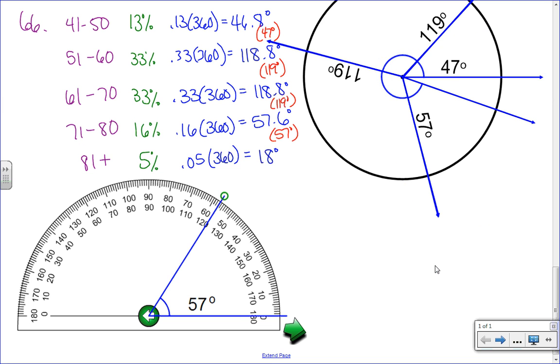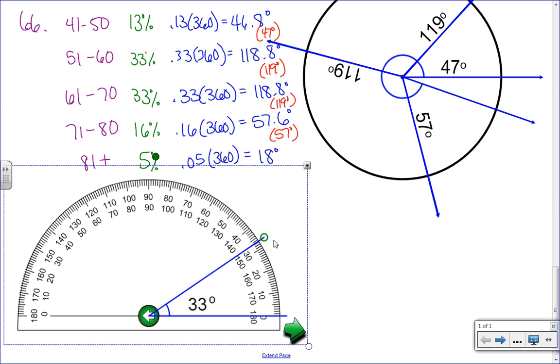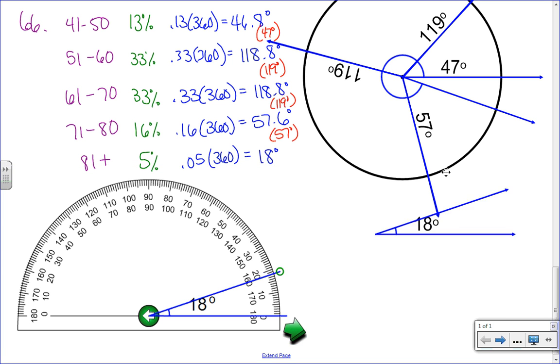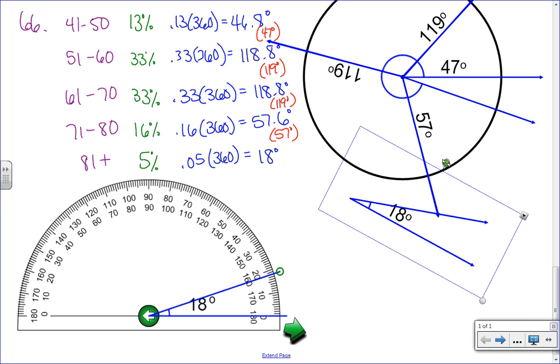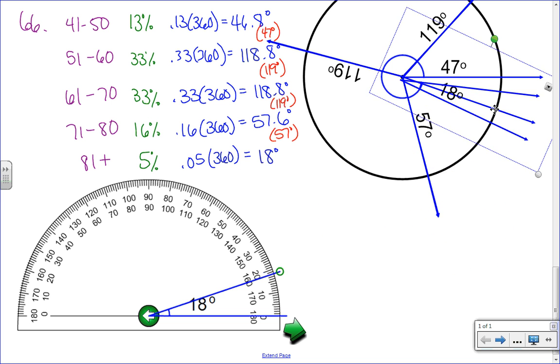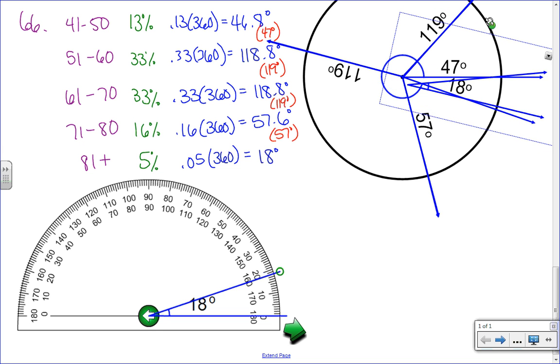And the last one should be that remaining 18 degrees.